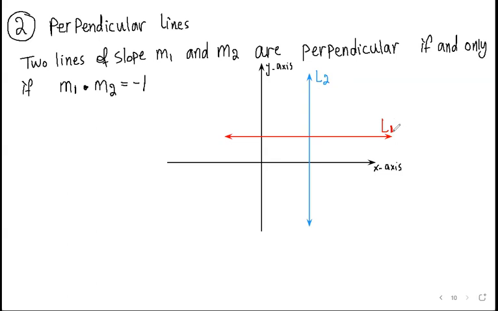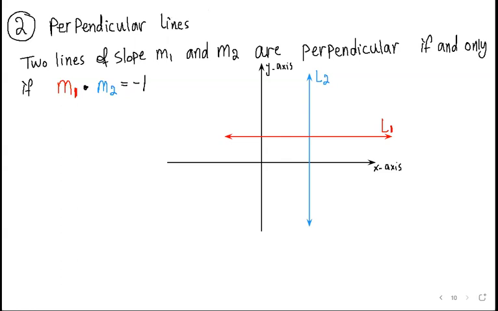So the slope for the first one times the slope for the second one gives me -1. So the slope for the first line, M1, times M2, gives me -1.